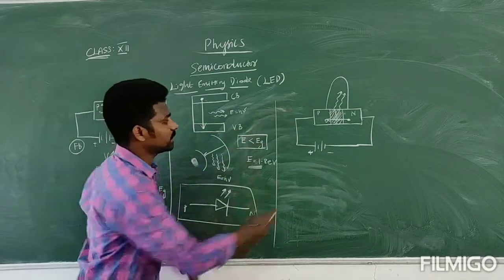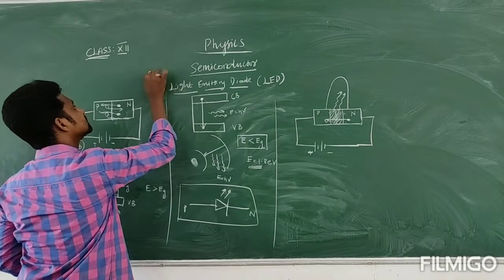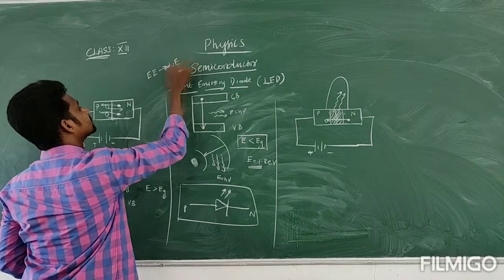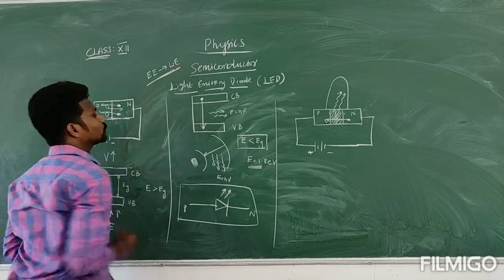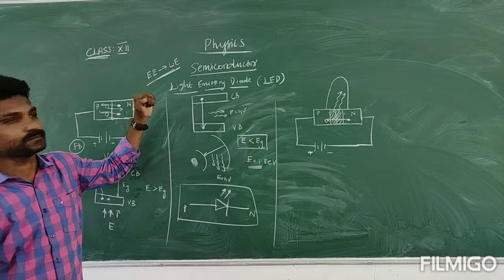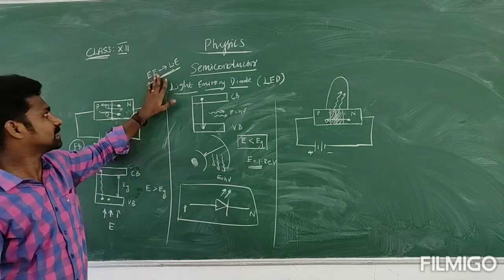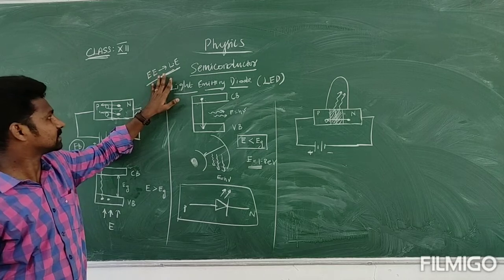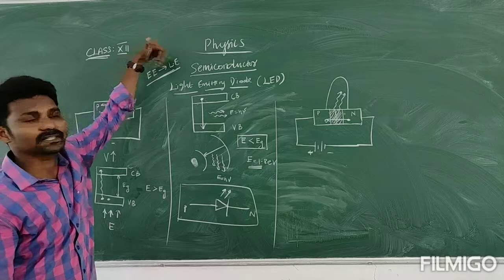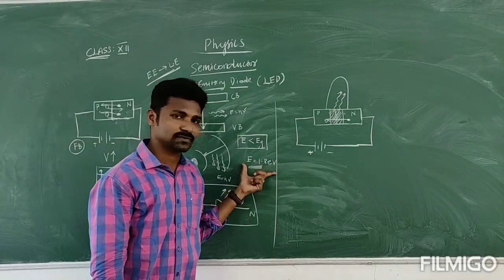Actually here, the applied energy is electrical energy, but we can get light energy. It is electroluminescence. From electricity we can get light energy. So that is the principle name, electroluminescence, where electrical energy is converted into light energy.